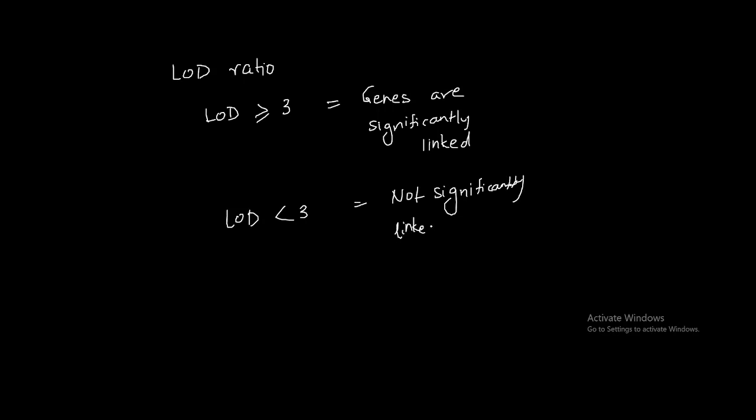The value is significant when the p value is equal to or less than 0.05. What does it mean? It means the probability of chance is only 5%.